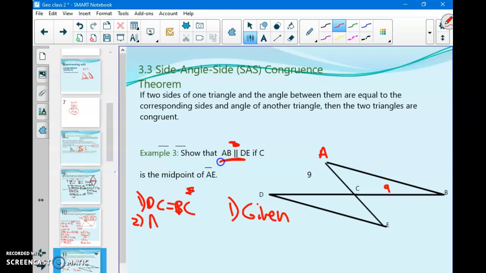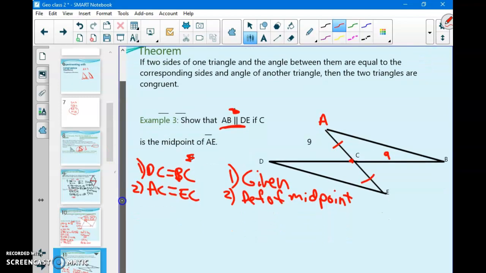Step 2, I know that AC is equal to EC, and I know that by the definition of midpoint. So if we go and look at the definition of midpoint, it's something that makes it equal on both sides. That's what the definition of midpoint does. So I knew that it would be equal on both sides.